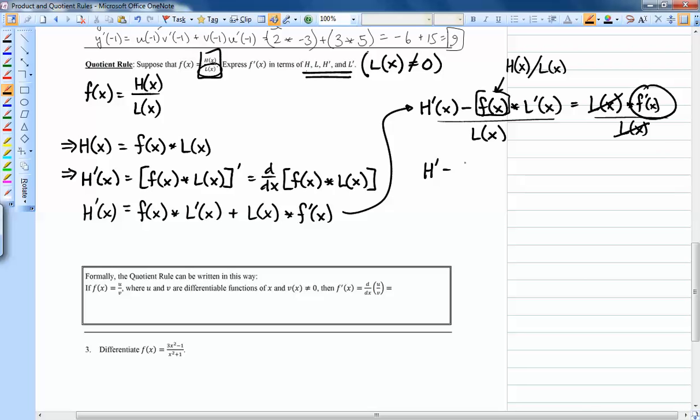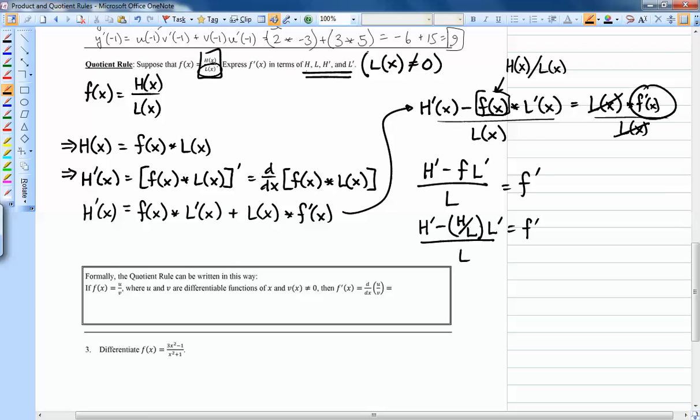So it's h prime minus f times L prime, all over L, equals f prime. And then this turns into h prime minus h over L times L prime, all over L, equals f prime.